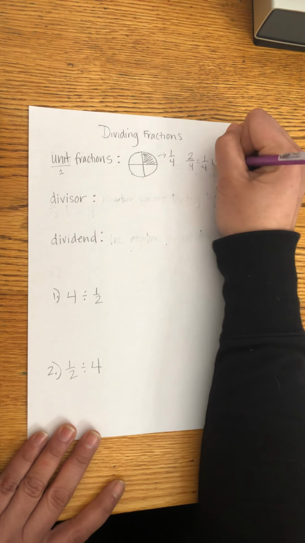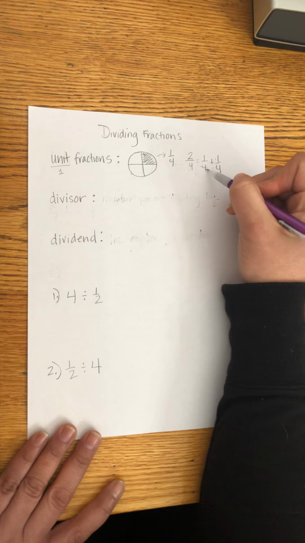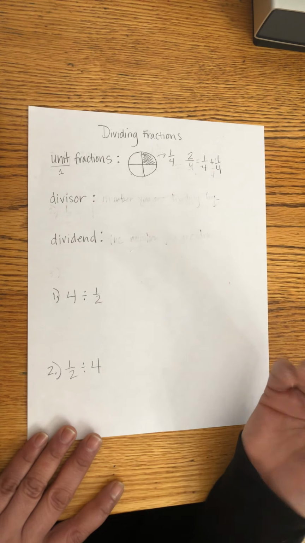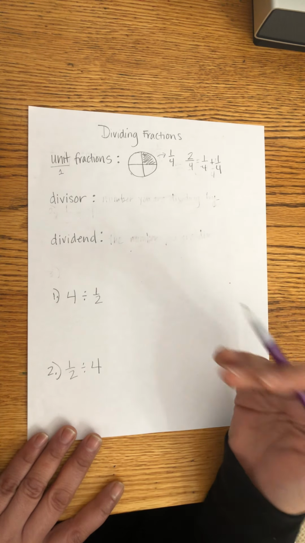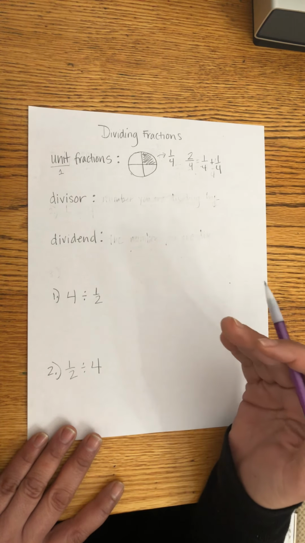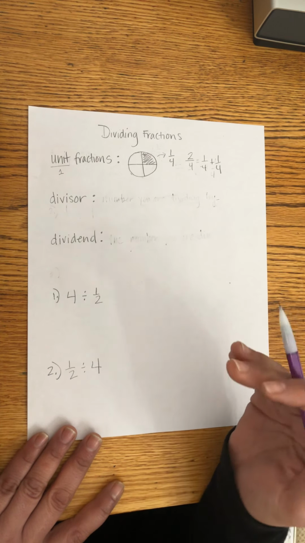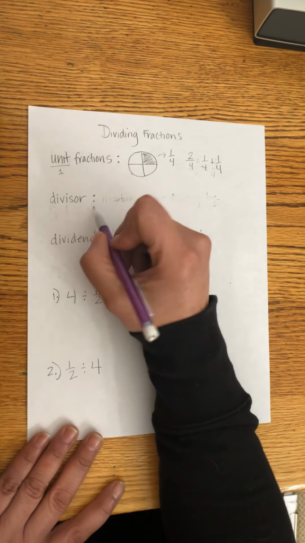It's 1/4 plus 1/4. So a unit fraction is just 1 out of the whole. That's what you're going to be using when you do your interactive notebook today: dividing a whole number by a unit fraction, or a unit fraction divided by a whole number.